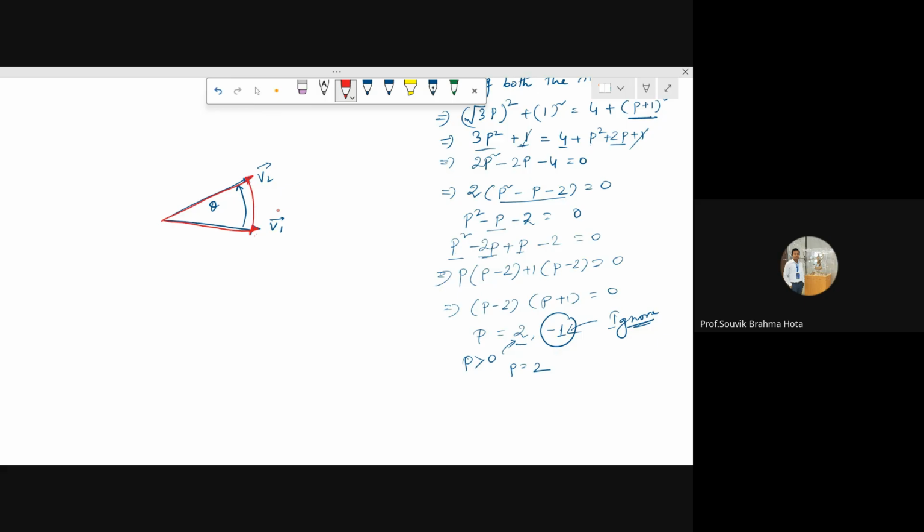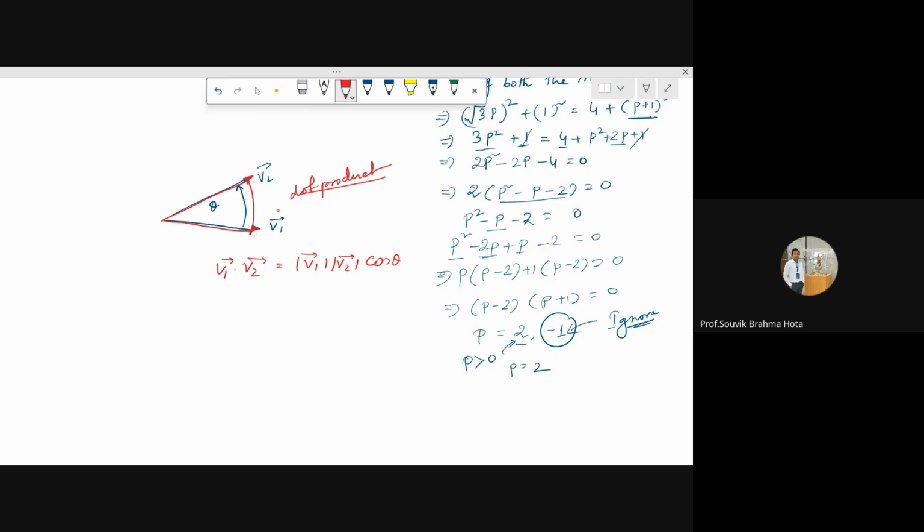So in that case, always we should consider the dot product of vectors. Dot product, I told you in the last class. Dot product means what? There are two vectors, suppose v1 and v2. So v1 dot v2 is equal to v1 v2 cos theta.